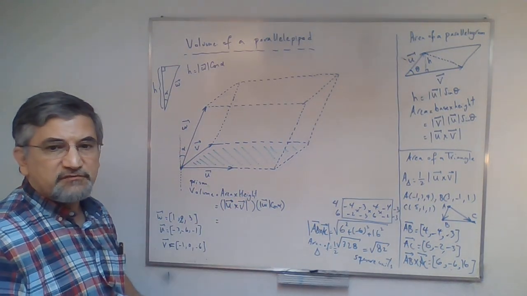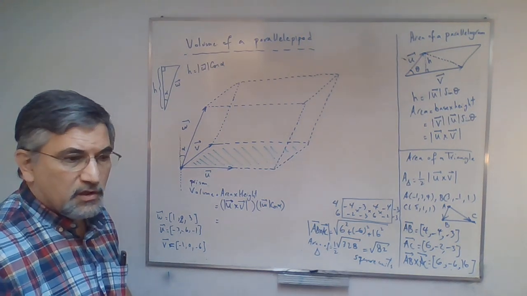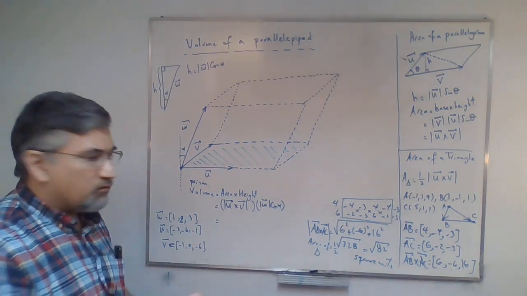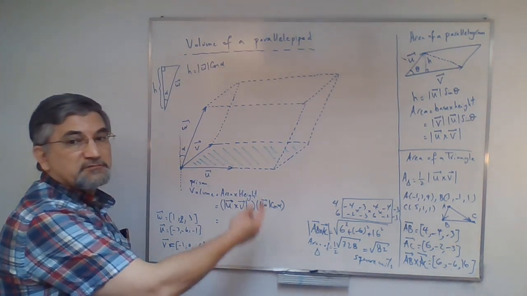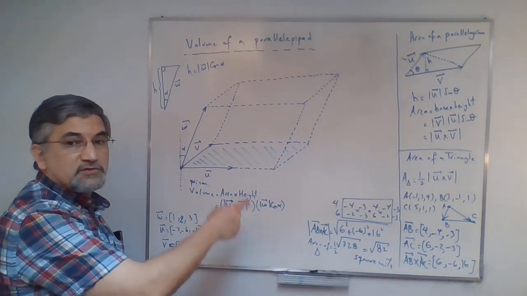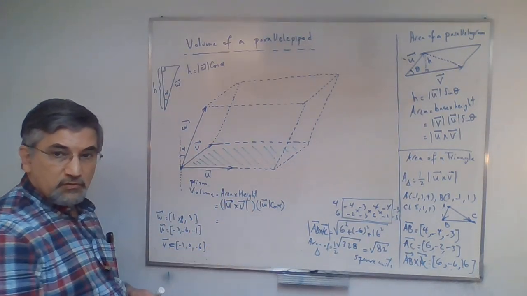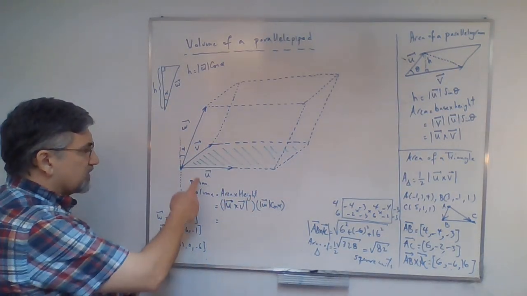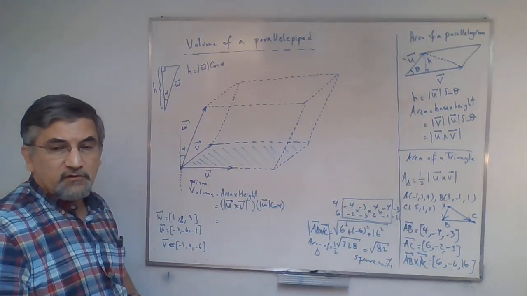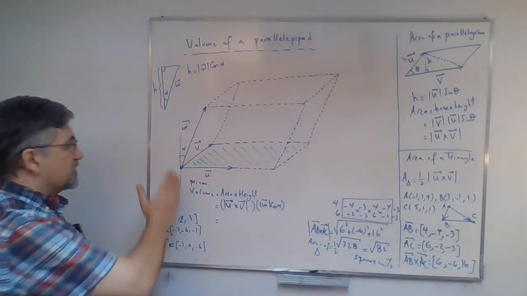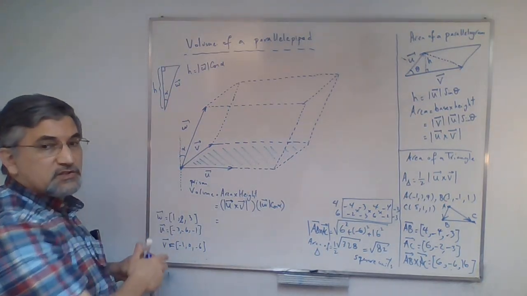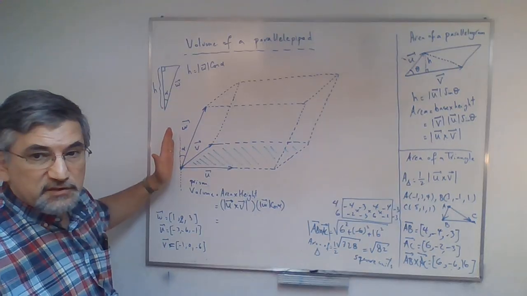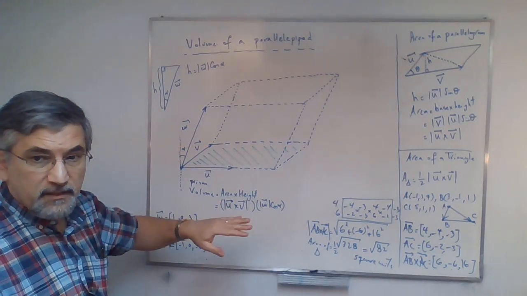This reminds me of the definition of dot product, if you recall. What was the dot product of two vectors? It was the magnitude of the first vector times the magnitude of the second vector times the cosine of the angle alpha in between those two. And we know that the direction of u cross v is exactly the vertical direction that is perpendicular to the parallelogram.